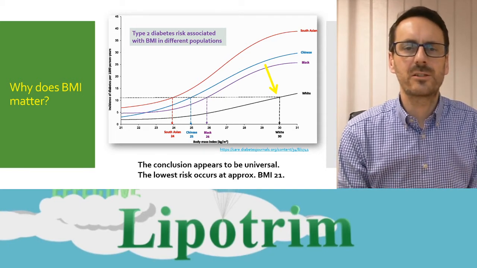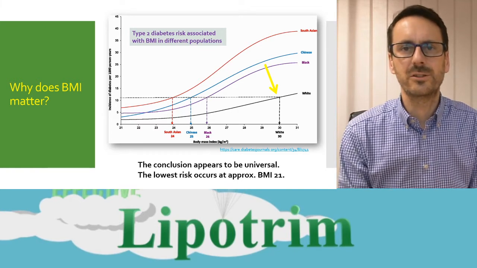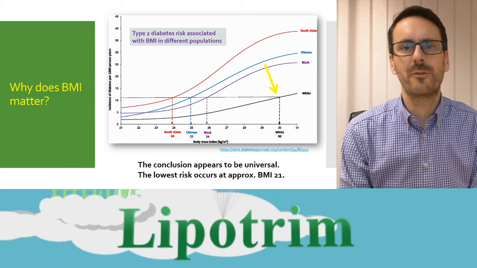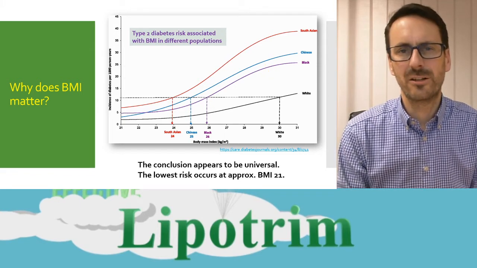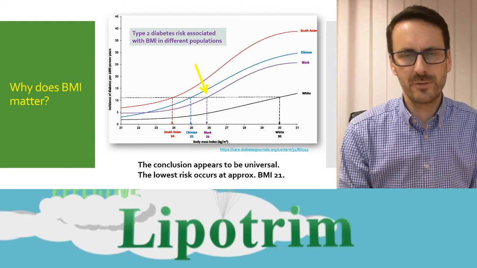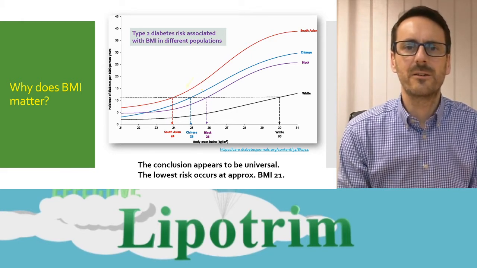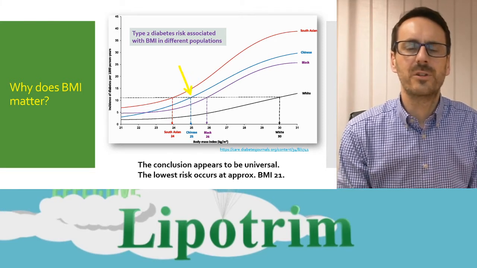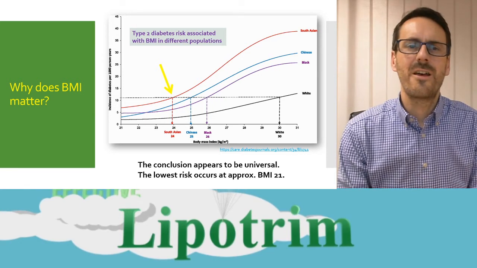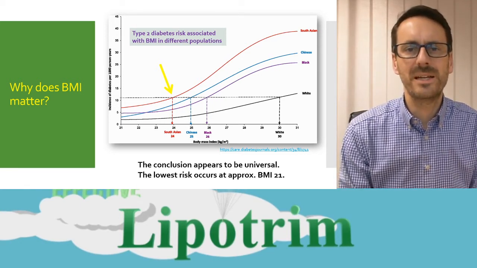And if we extrapolate the line at BMI 30 so that we go through each different population, we see that for the white population, a BMI of 30 has a particular risk. When we look further down the line of this graph that we've plotted, then we see that for black populations, for Chinese populations, and then South Asian populations, the same level of risk occurs at much lower BMIs.